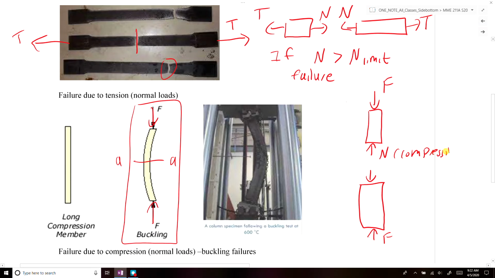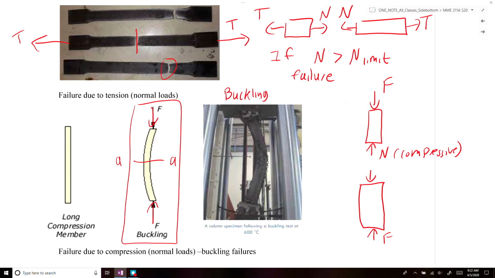Now, compressive internal forces, especially in longer members like those used in buildings, can lead to a phenomenon called buckling. Buckling typically occurs a lot in structures with long columns that are unsupported.